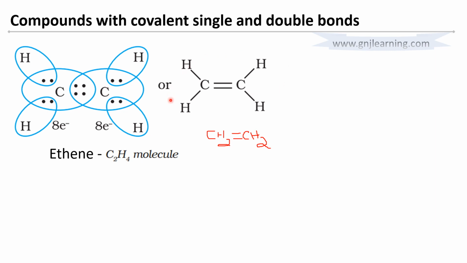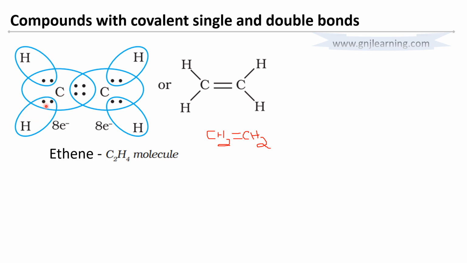You can see carbon and carbon are sharing two pairs of electrons. So now each carbon has 4 electrons that are shared between them, and in order to satisfy the remaining pair, it will share a pair with 2 hydrogen atoms.